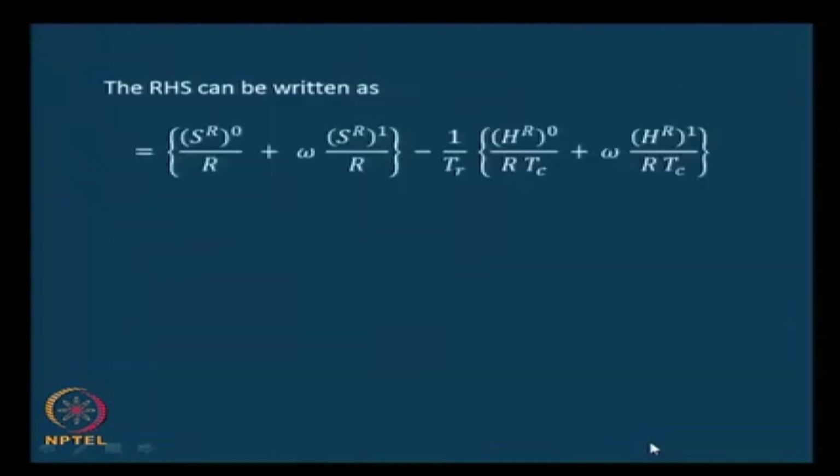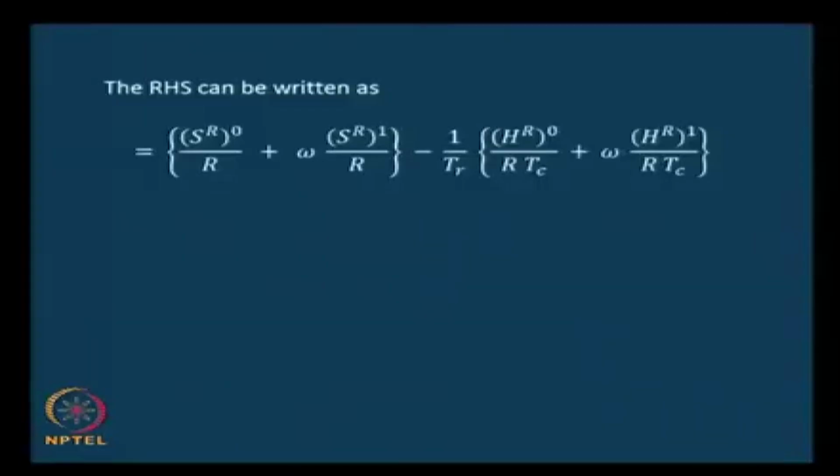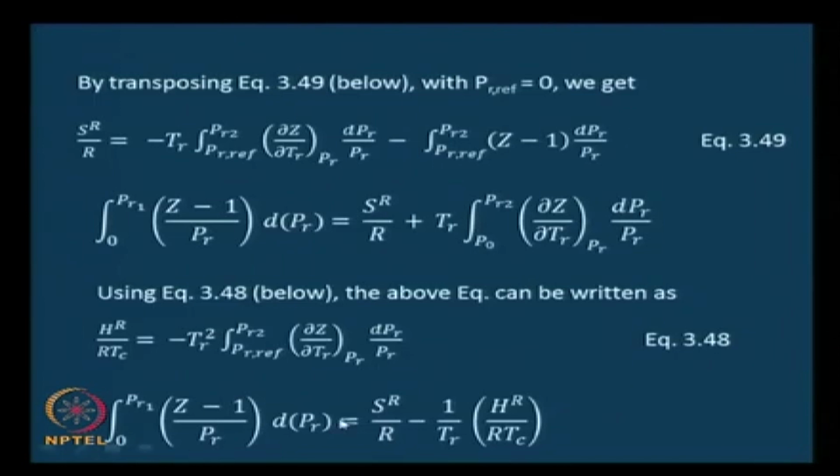Now the RHS can be written as, this is where the link between what is available to us comes in. We have values available in terms of SR0, SR1, HR0, HR1. Therefore, we need to relate whatever we have in terms of SR and HR to these. Here you have your SR by R minus 1 by TR HR by RTC.